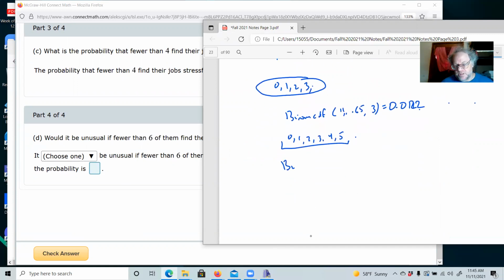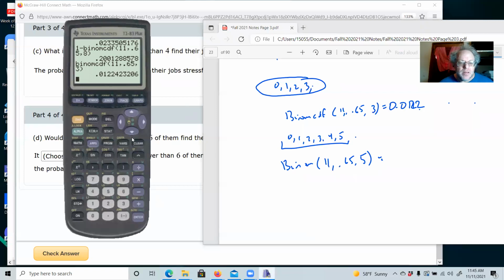Okay, so we're going to do binom 11, .65, and that's going to be up to 5. We're just going to plug that in. And here we go.